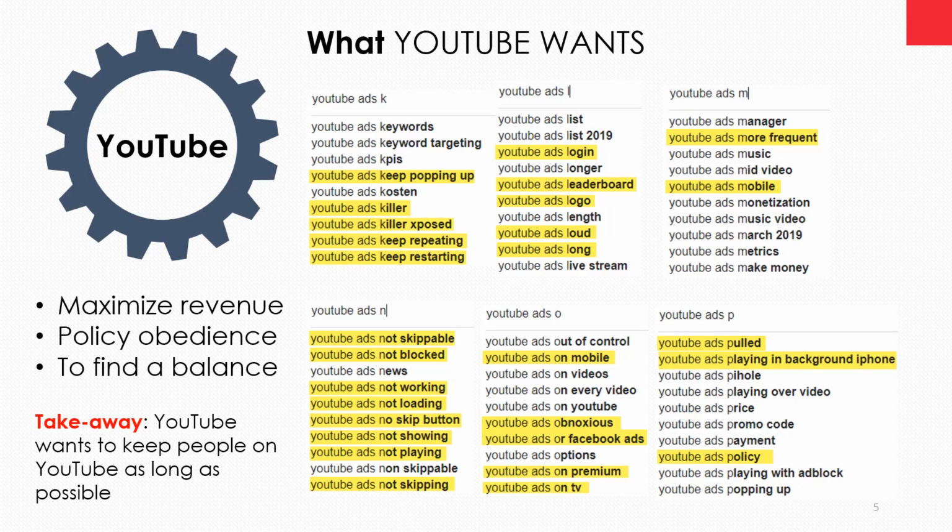That's because videos are showing up on content that is not in conjunction with those brands' values. So they have a bunch of things they need to balance and figure out without making all the community players angry. So the takeaway here is, I would say their number one goal is to maximize revenue. They need policy obedience, and they need to find a balance. YouTube wants to keep people on YouTube as long as possible.